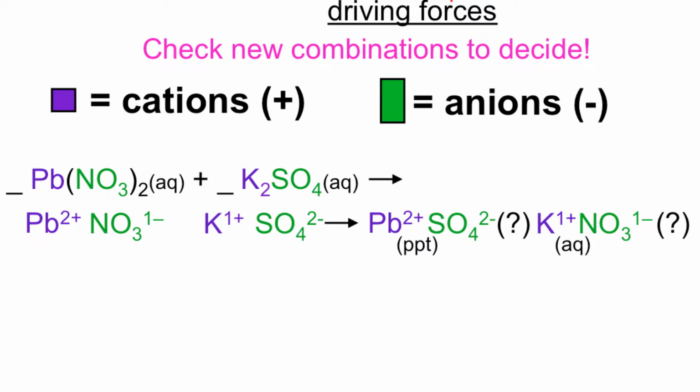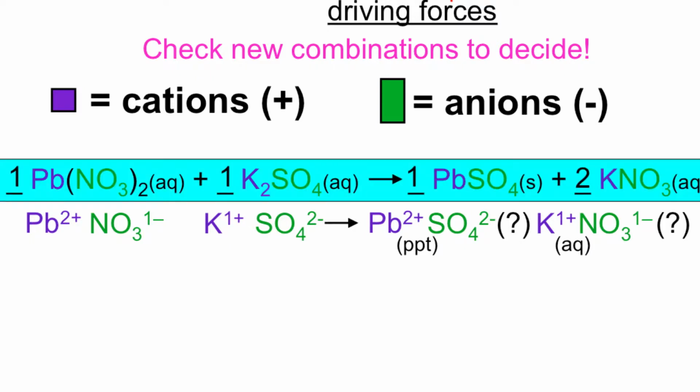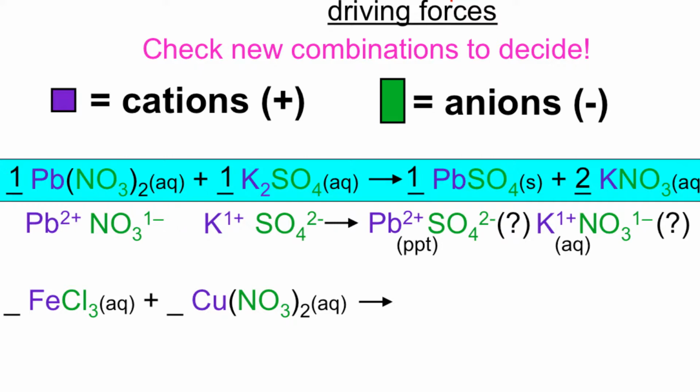So whenever we do double replacement reactions, we always have to check to see, does it make water or does it make a precipitate? And don't forget, it's always got to be balanced. Now, if you look at this one, iron chloride and copper 2 nitrate, it's going to make iron ions and chloride ions, copper ions and nitrate ions.